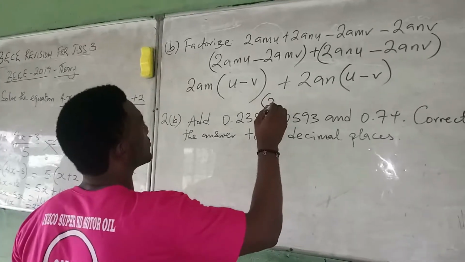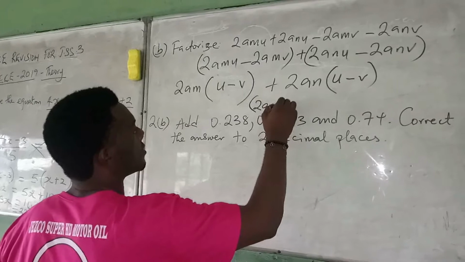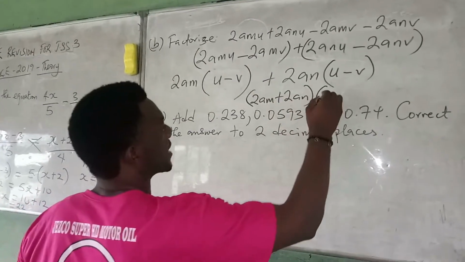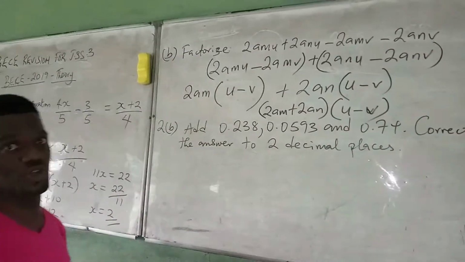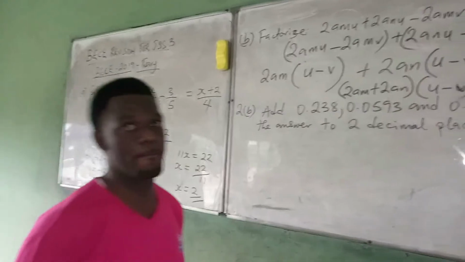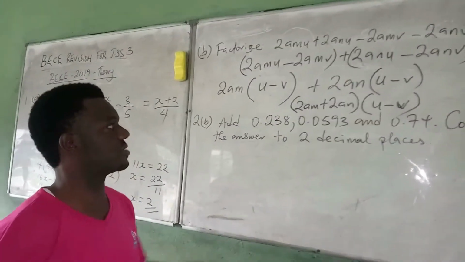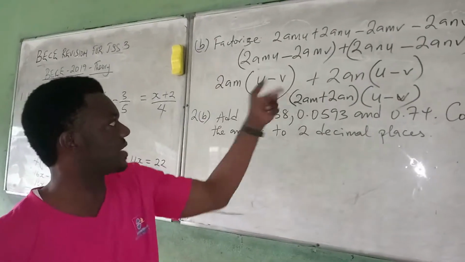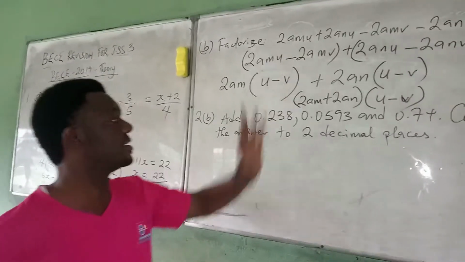You have bracket 2am plus 2an, then bracket u minus v. That is the factorization, as we normally do in a quadratic expression. So you put this in the bracket, just take one of the brackets, and that is all. That's how to factorize this.